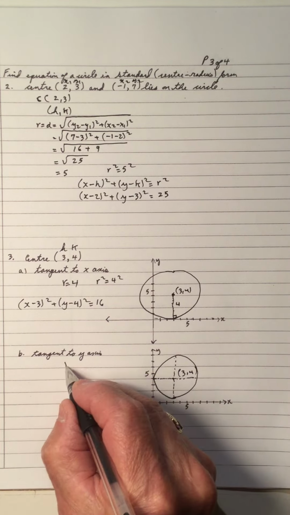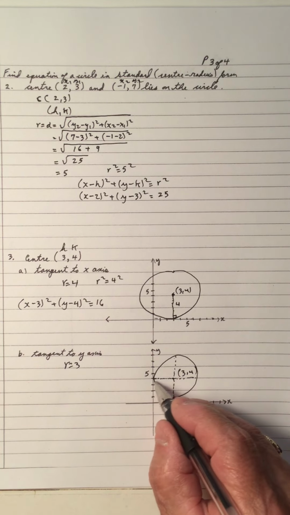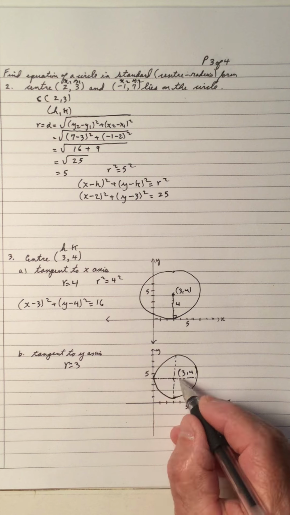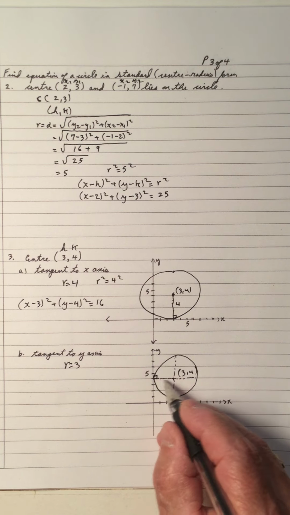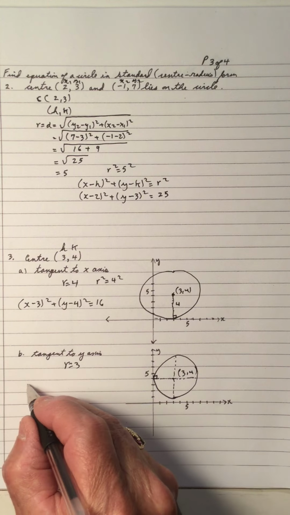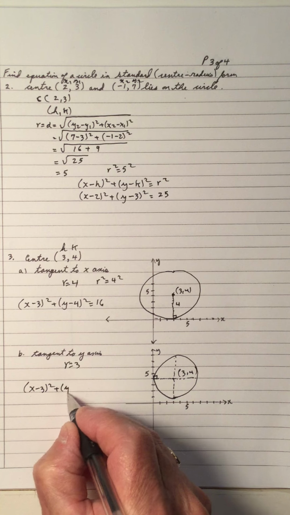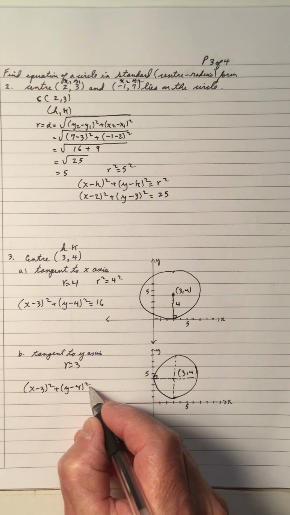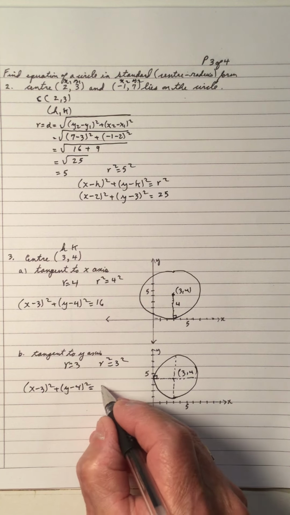So the radius is 3. Because it's perpendicular. So the radius is tangent and forming a right angle. So the perpendicular distance here is 3. So it's x minus 3 all squared, y minus 4 all squared equals r squared, which is 3 squared. So it gives you a 9.